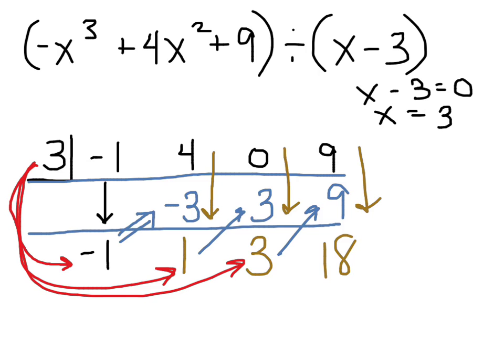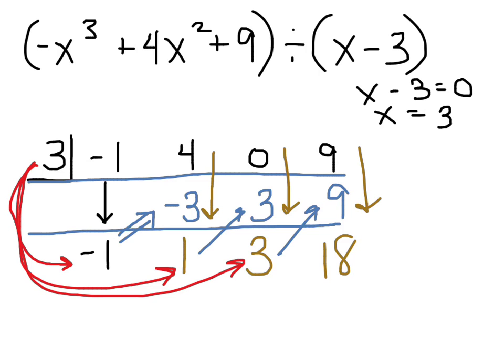Now, it's time to put the letters back in. Notice the one thing about this technique. Did I use any letters yet? No. So here's what happened. You had a dividend that had a highest exponent of 3, yeah? And you're dividing it by something that had an exponent of 1. You remember exponent rules? If you have 3 on top and 1 on the bottom, you subtract them. When you're dividing, you subtract exponents.